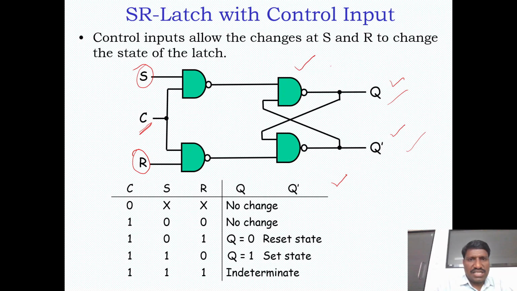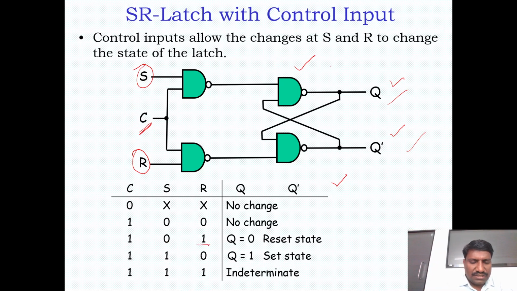What sort of SR latch are we dealing with here? Is it active low logic? How can I say active low logic? When S is equal to 1, output is 1.